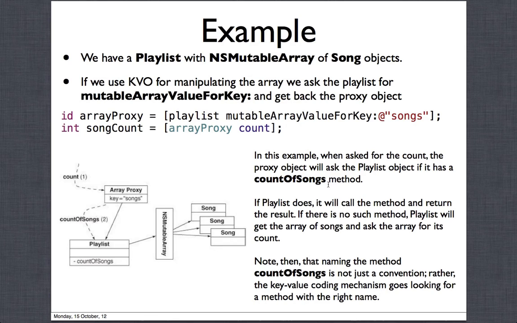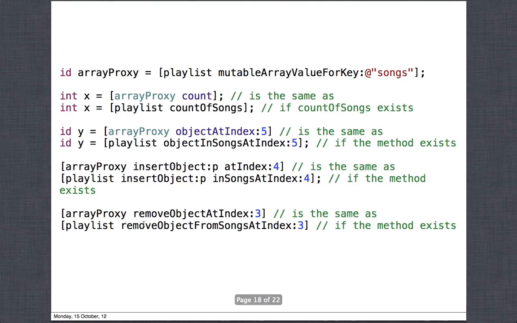So if we want to get the number of songs in this example, we might want to implement this method in our playlist, knowing that it will be asked through the array object. So this is how it works. We have an array proxy, so we got that mutableArrayValueForKey songs, and we get the proxy for that array.